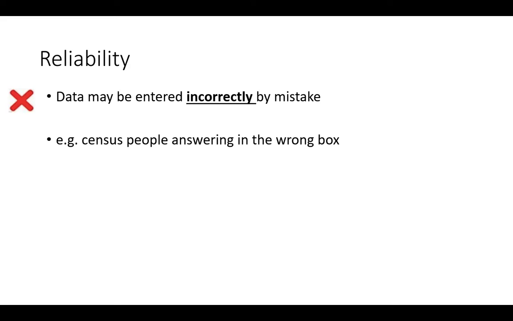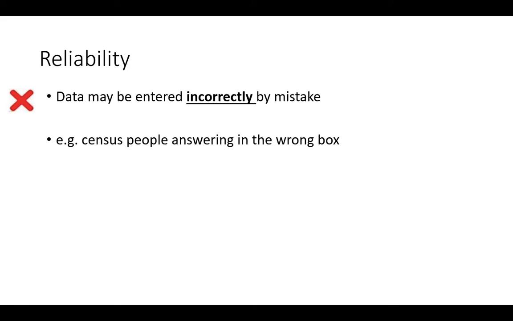Now, there are some negatives for reliability. They're not particularly strong negatives, though. There could be errors. So it's possible that it's not being entered in the same or similar way because a teacher could make an error, a police officer could make an error, a doctor could make an error. With the census, people might actually answer in the wrong box, would be a good example.